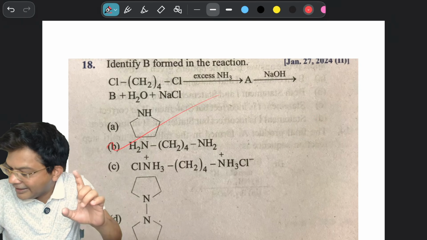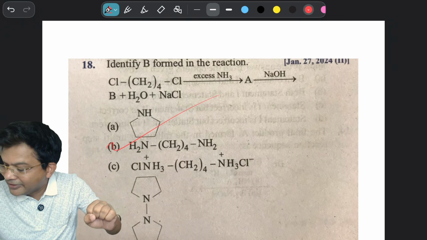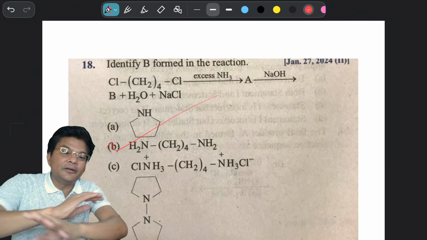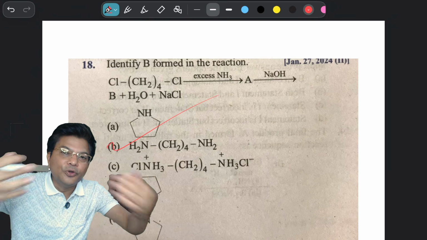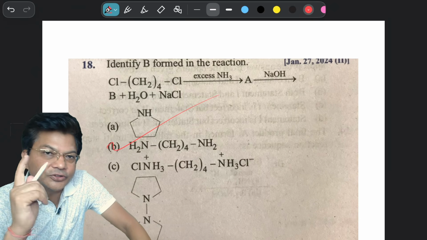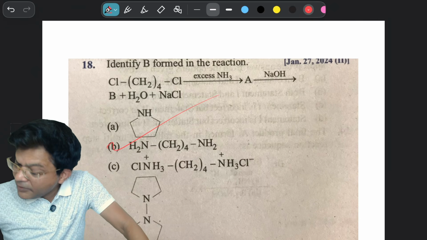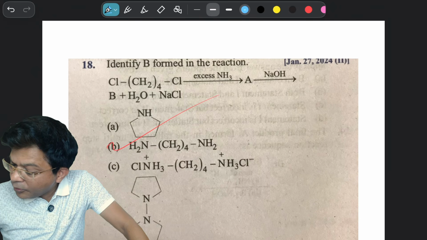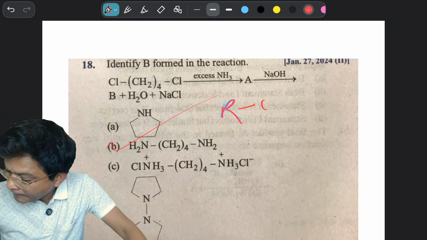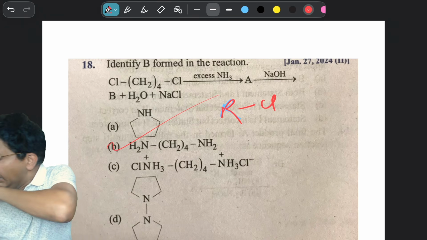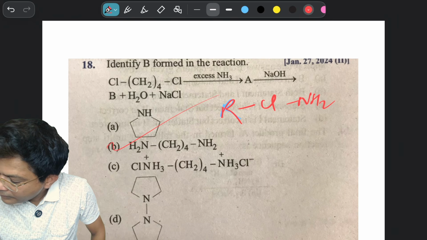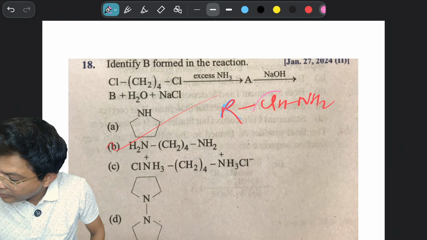So let's see. This is the only product, because no further reaction was possible. But why have they added NaOH? That is the question. Should I tell you? The NaOH they are adding because once ammonia is reacting with RCl, H is going to eliminate out as HCl.